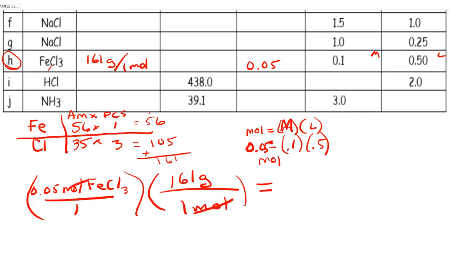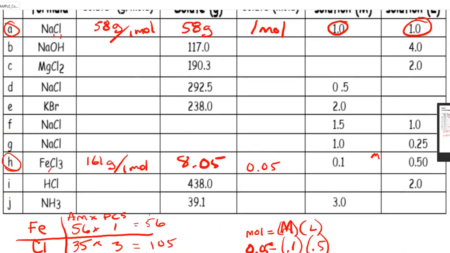Then we have 0.05 times 161 grams, which equals 8.05 grams of FeCl3. So that's 8.05.